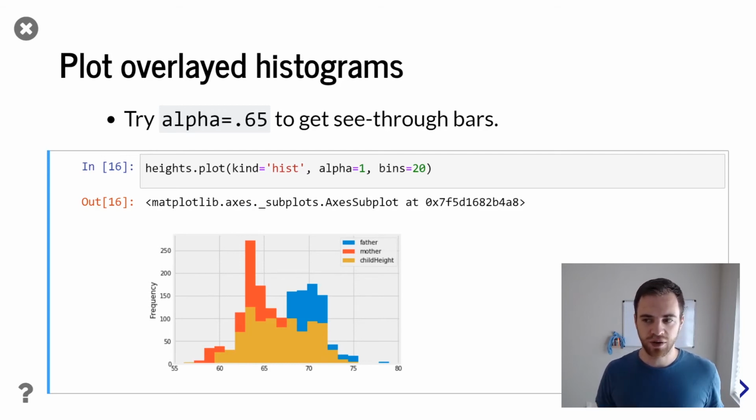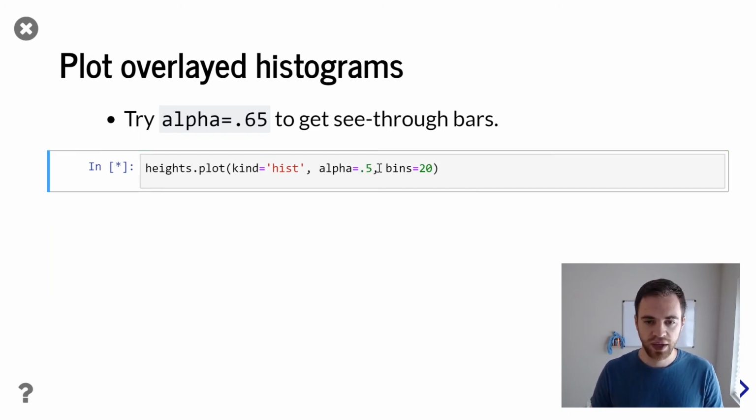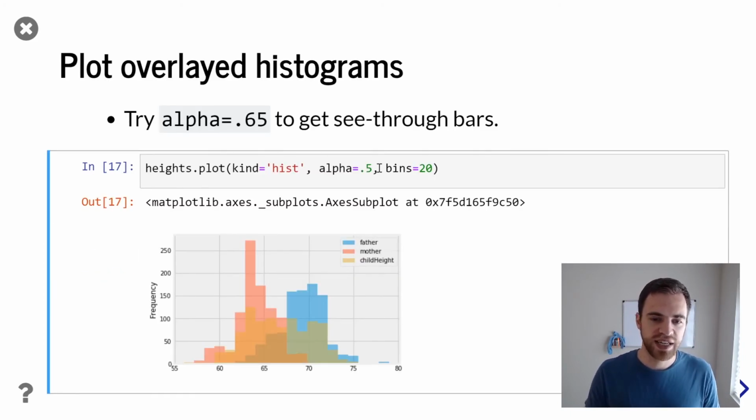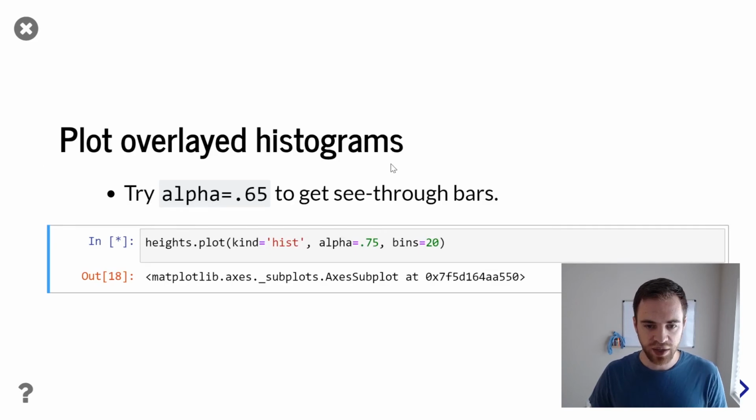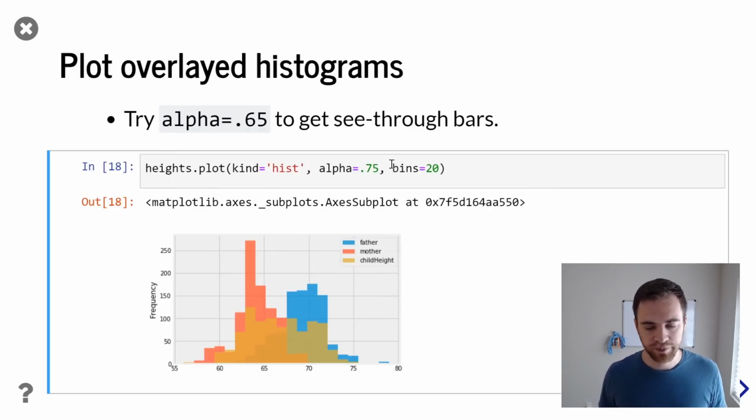That's 100% opacity, and this isn't great because I can't see what's going on underneath the yellow bars. So I changed this to something like 0.5, and that allows me to see through and get a sense of what's going on. Sometimes it's easier if I make it a little more opaque, like maybe 0.75 is good.